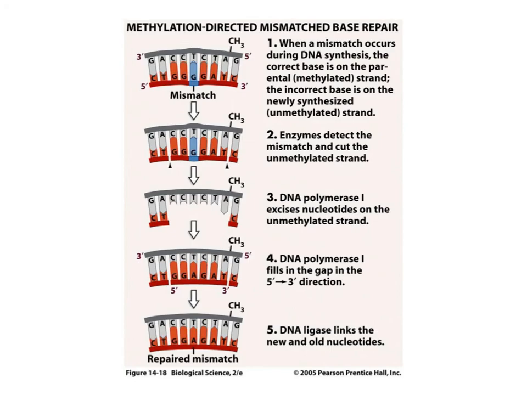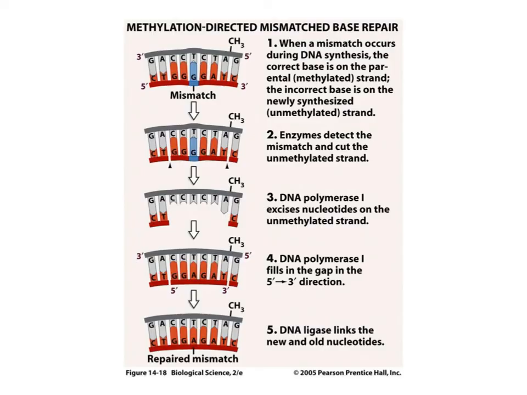All right, now what happens, for example, when you have errors? Errors in DNA replication. As I've just explained, it's important to be able to make sure that any errors don't persist.